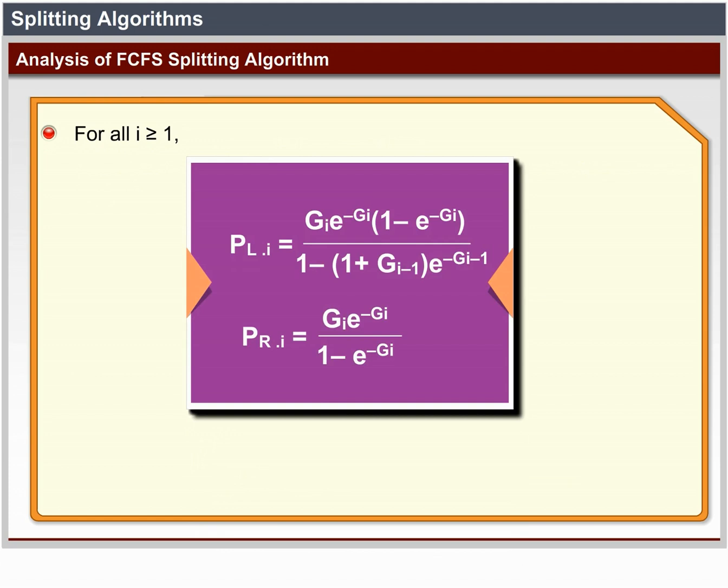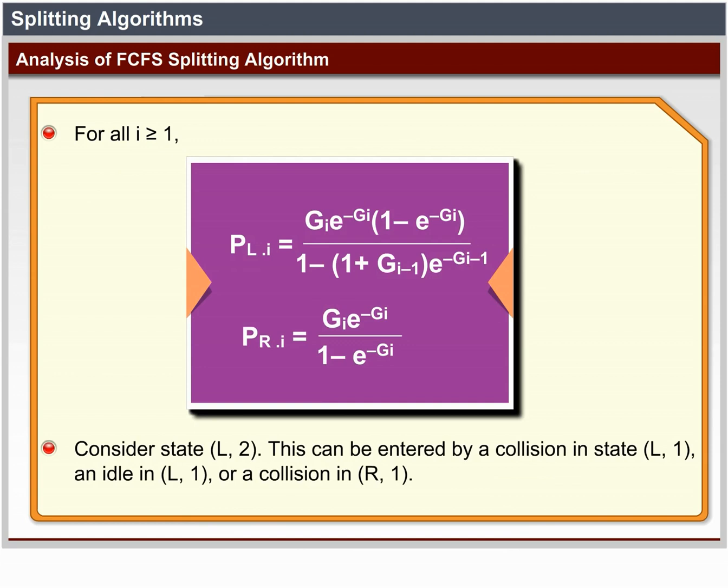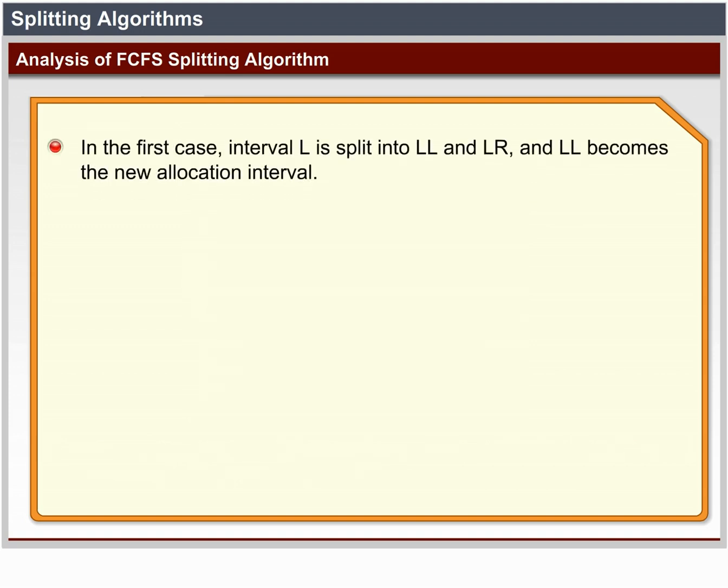Consider state L,2. This can be entered by a collision in state L,1, an idle in L,1, or a collision in R,1. In the first case, interval L is split into LL and LR, and LL becomes the new allocation interval.